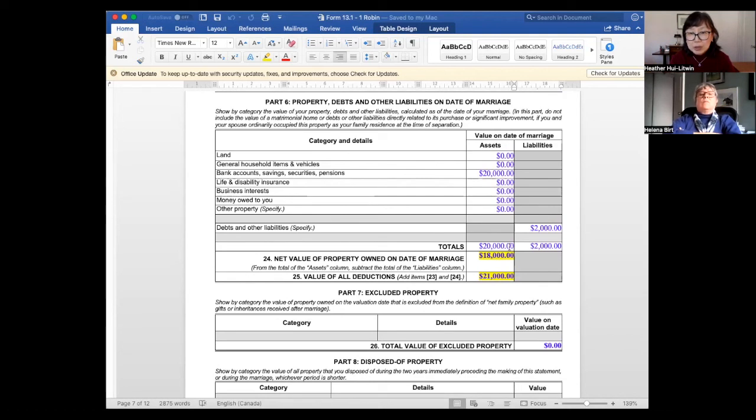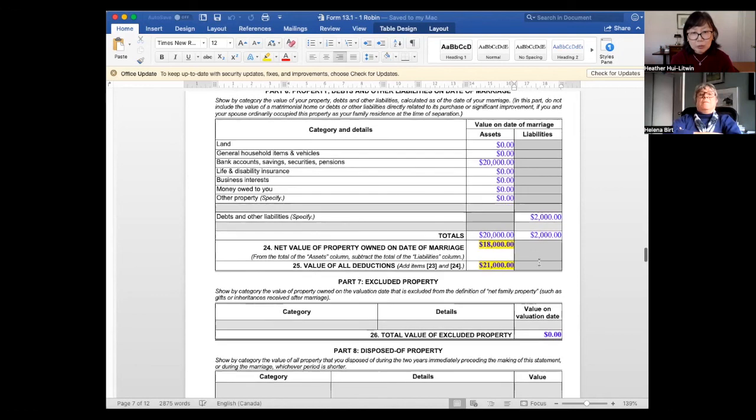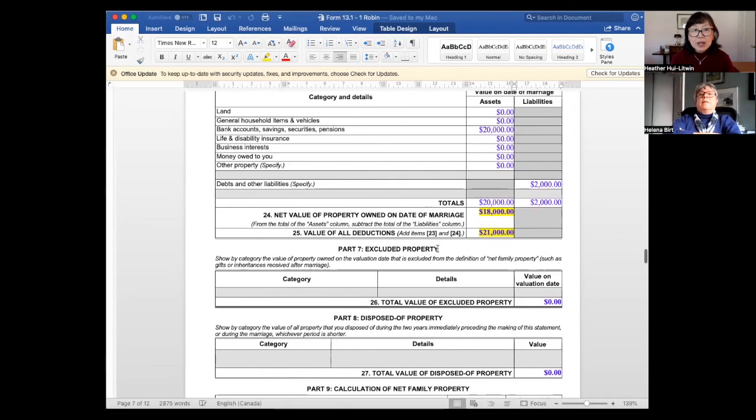So you go 20,000, take away 2,000, and you come up with 18,000 for line 24, net value of property as of the date of marriage. And then for line 25, you just add this one, 18,000, the 24, and 23. What's 23 again?